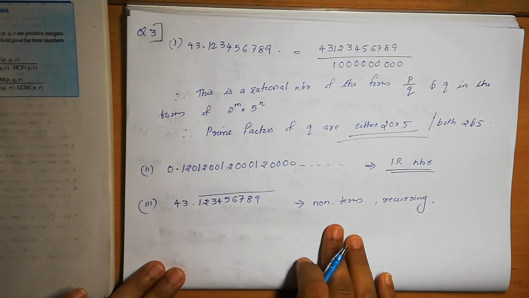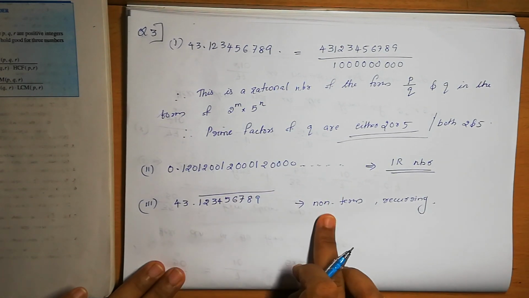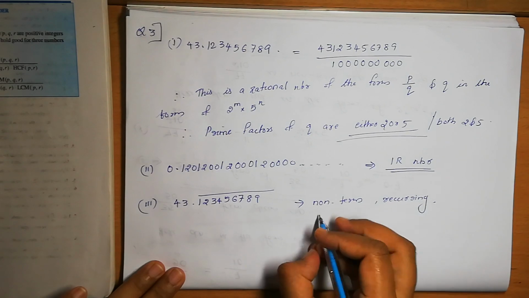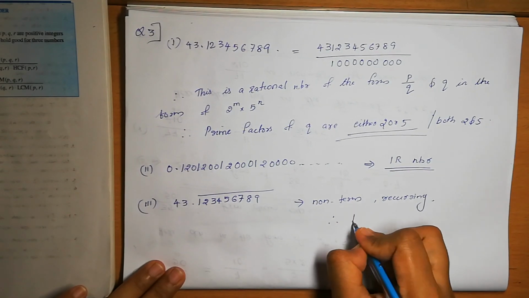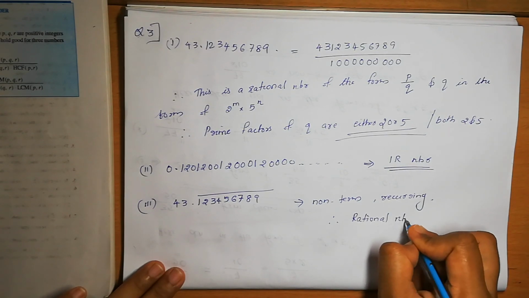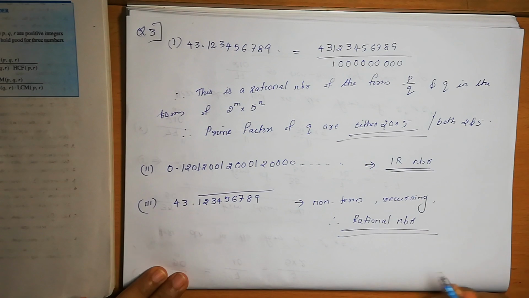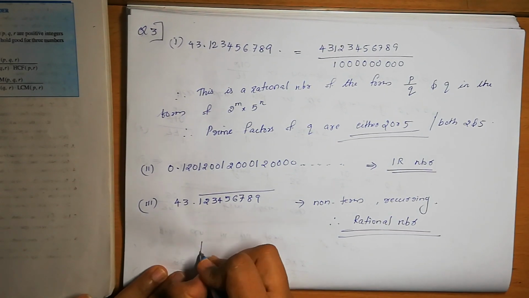Correct. The previous one was non-terminating non-recurring. This one is a non-terminating recurring number. So if it is non-terminating recurring, therefore this is a rational number. Rational number means what we can say about the prime factors?